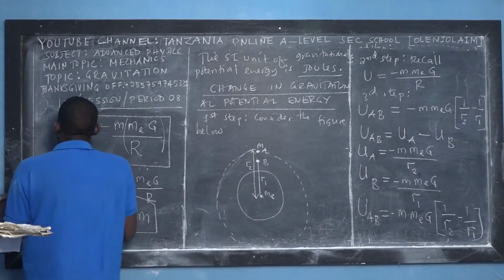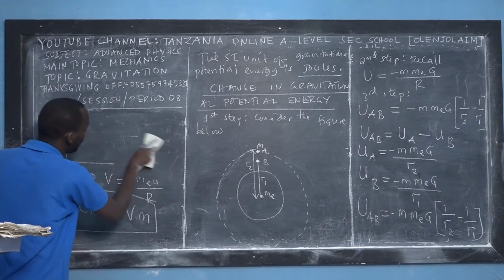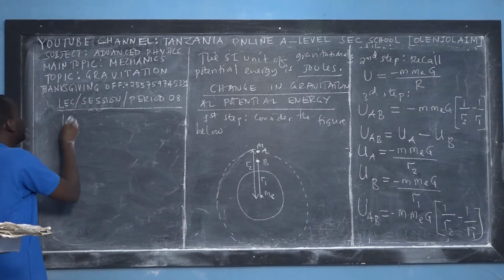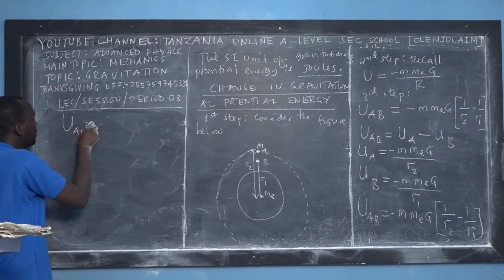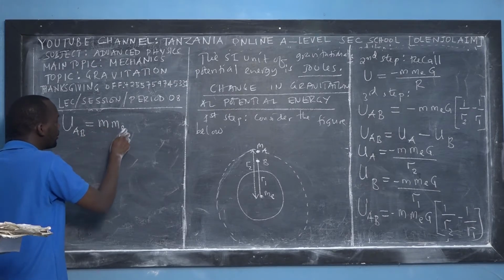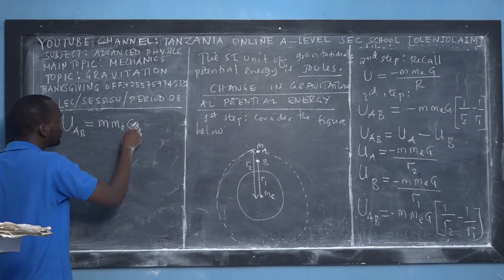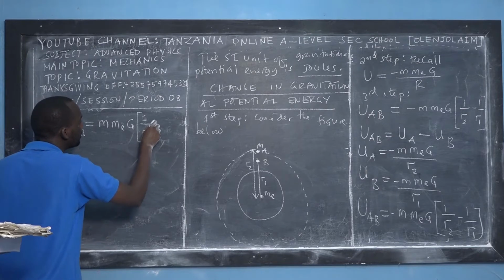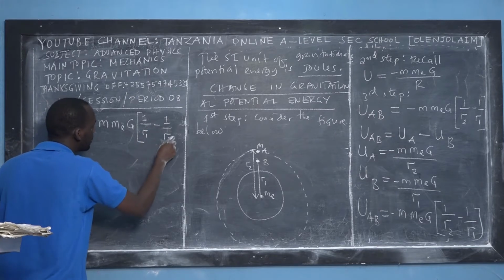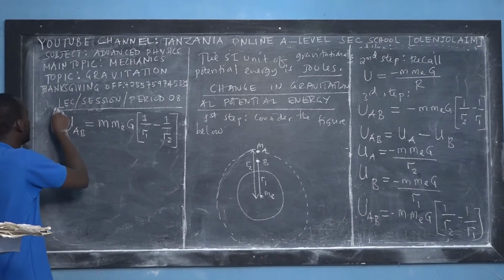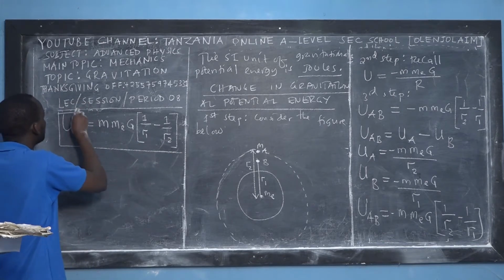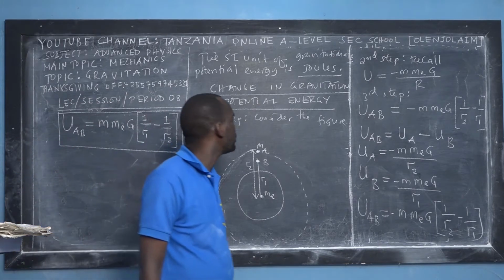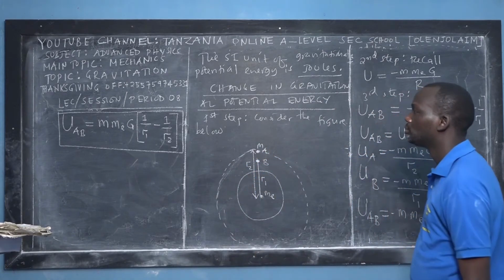Now, because we have a negative outside of the bracket, if we distribute the negative, we are going to have the gravitational potential of AB equal to mass of the body, mass of the S, times universal gravitational constant, times 1 over radius 1 minus 1 over radius 2. This is what we call the change in gravitational potential between the two points.